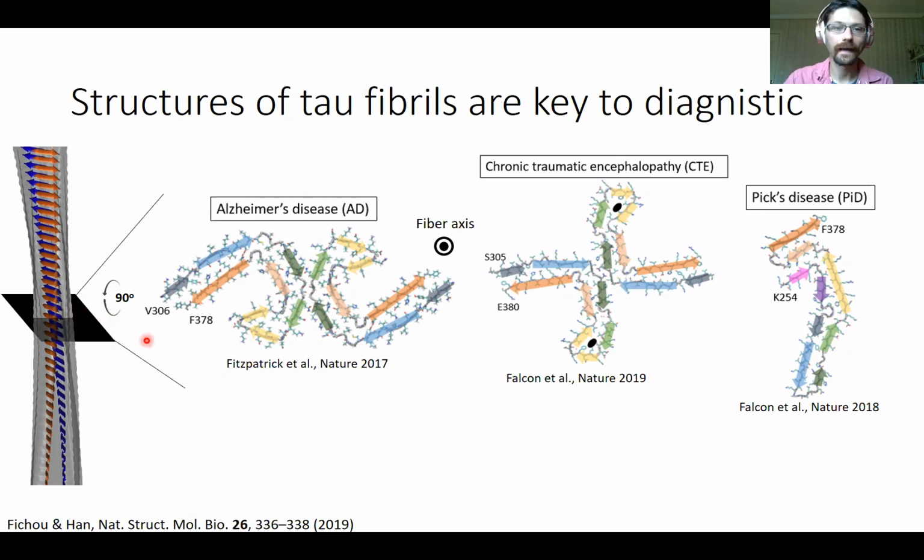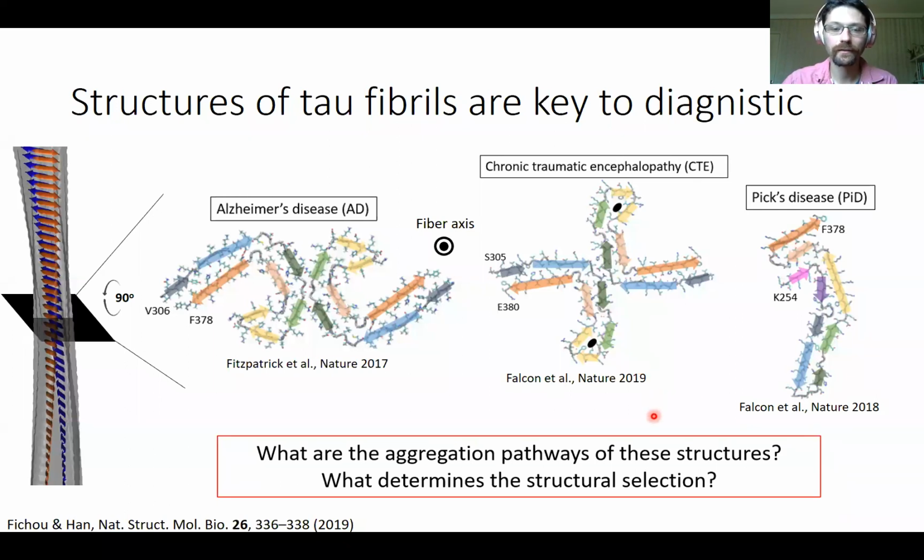Even tau itself can adopt many different conformations. And here you see 3 of them that were solved from brain tissues of different diseases. This is so important that this structure can be a diagnostic of the disease the brain is affected by.